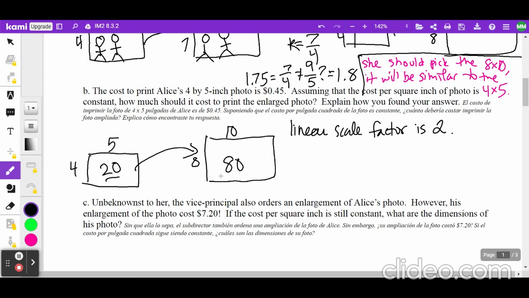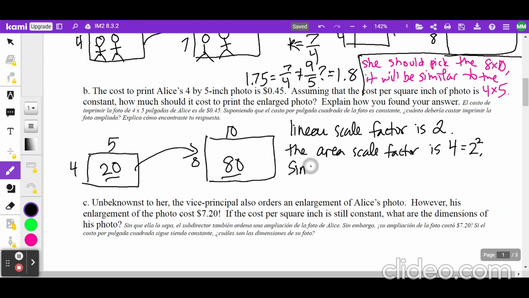But notice that 20 to 80 has a scale factor of 4. The area scale factor is 4, which is 2 squared.